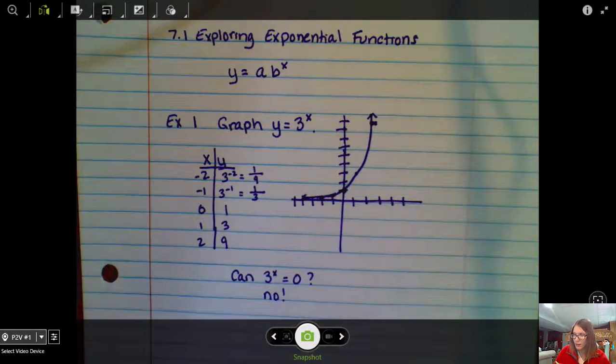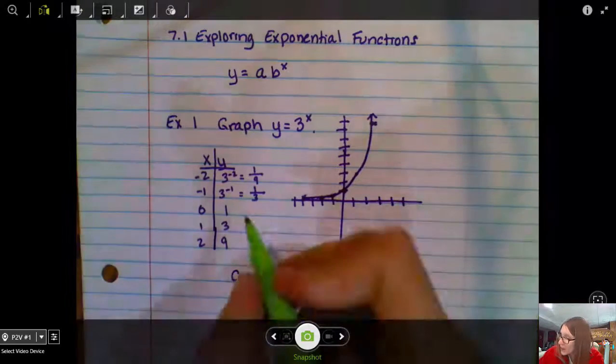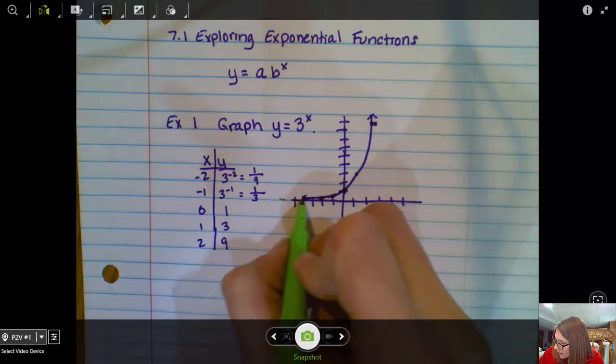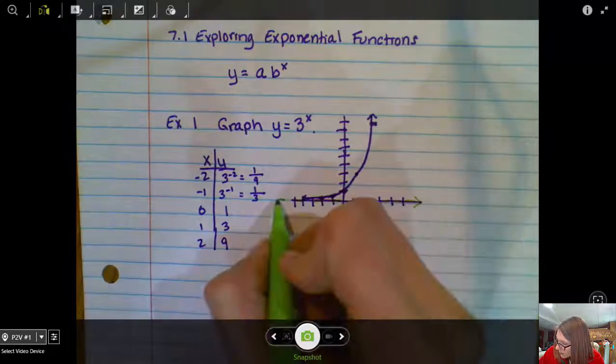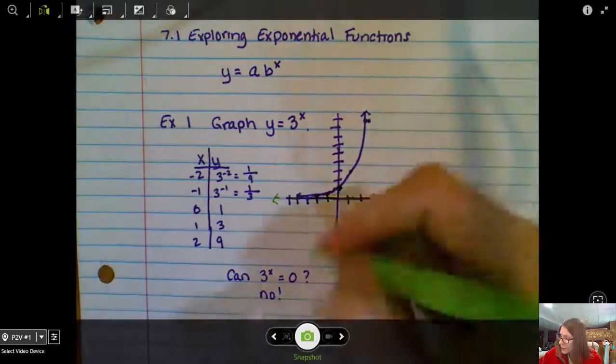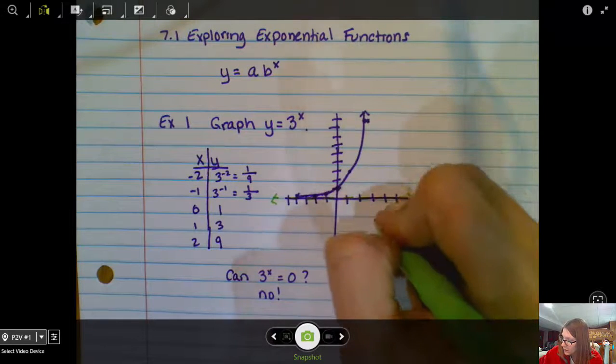Okay, that leads us to probably a new word for you. So right here on this x-axis, trying to draw in the green here, we really have what is called an asymptote.